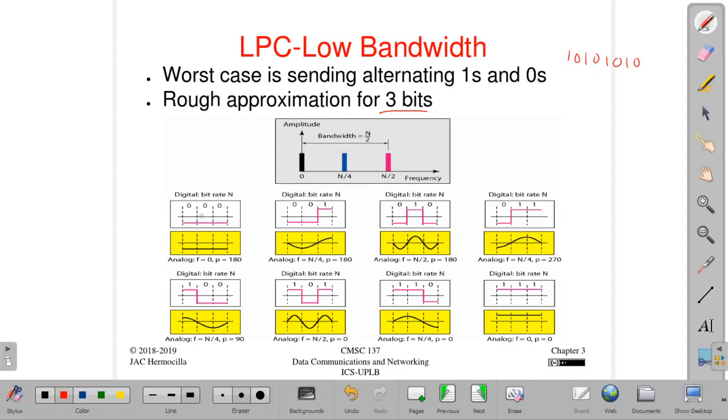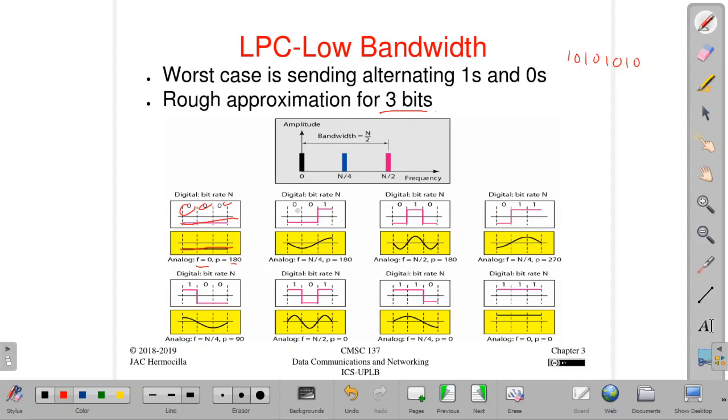For example, to represent 0 0 0, which is this digital signal, we can use an analog signal with a frequency of 0 and a phase angle of 180 degrees, which will look like this. So notice that the frequency is 0, so there is no change in the waveform.